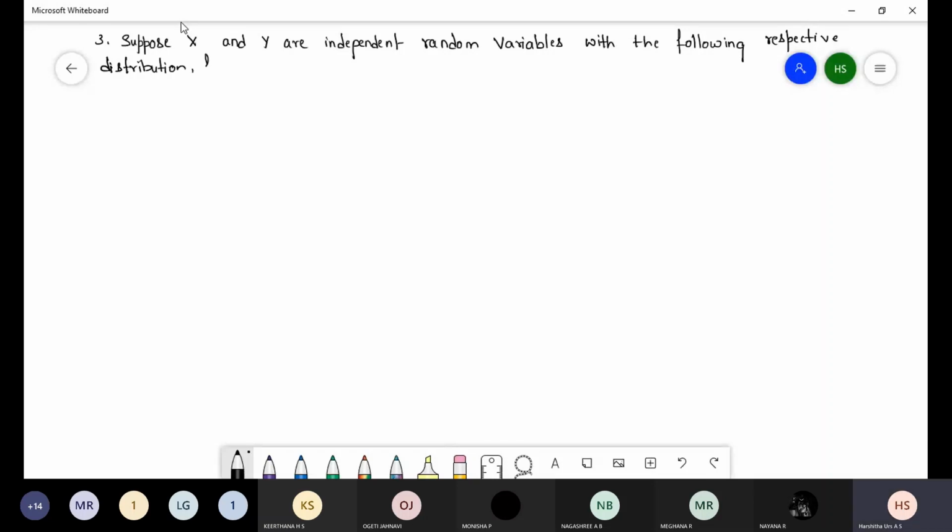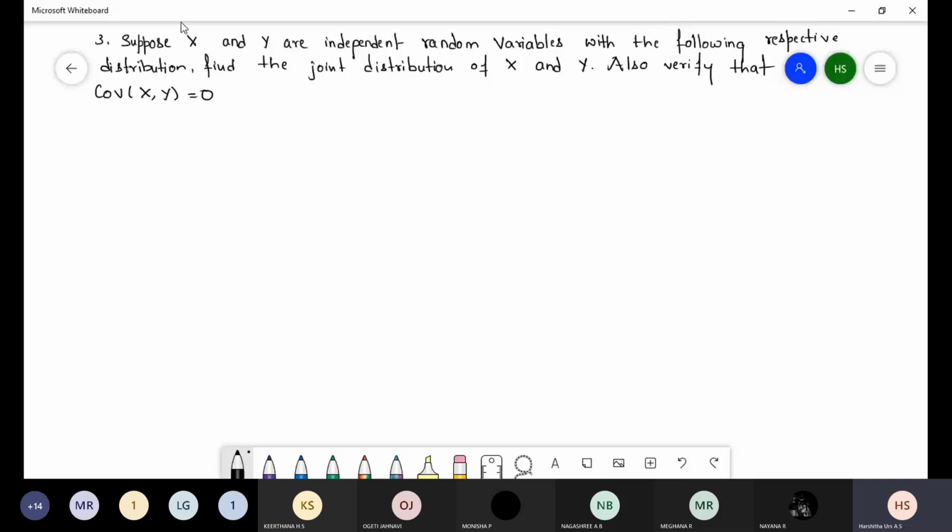Find the joint distribution of x and y. Also verify that covariance of x comma y is equal to 0.